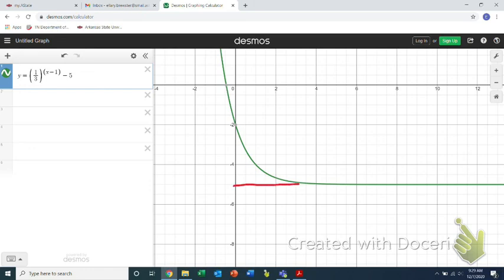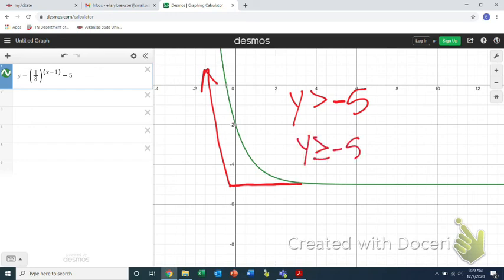Everybody see that? And it goes up. So the range will be y is greater than negative 5. Now, why did I not put y is greater than or equal to negative 5? Because it does not actually touch that negative 5. Okay?